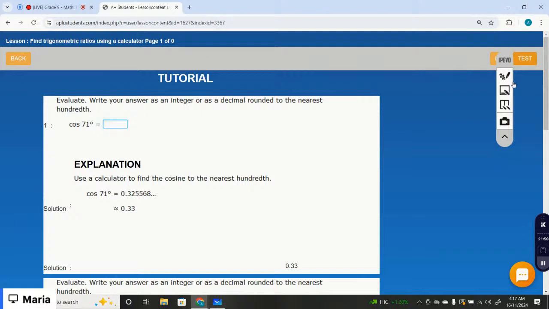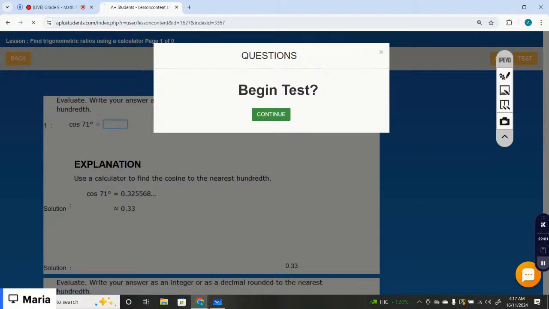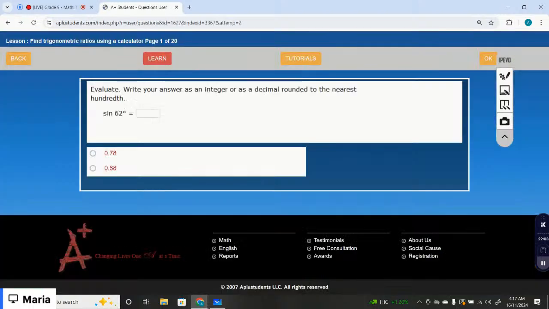Let's just start with the test questions. Evaluate. Write your answer as an integer or a decimal rounded to the nearest hundredth. Sine 62.